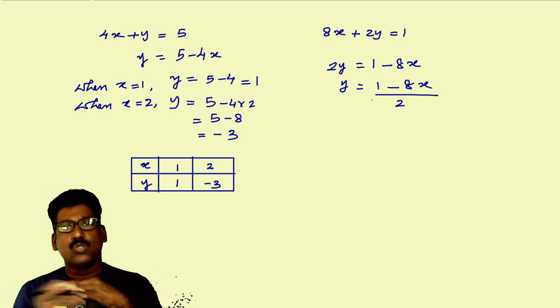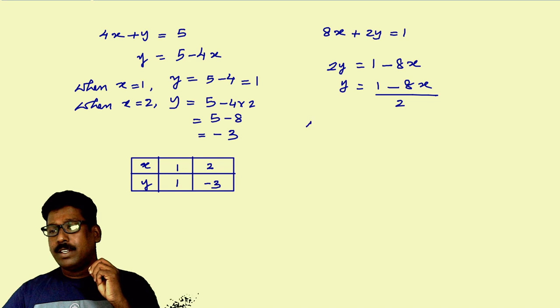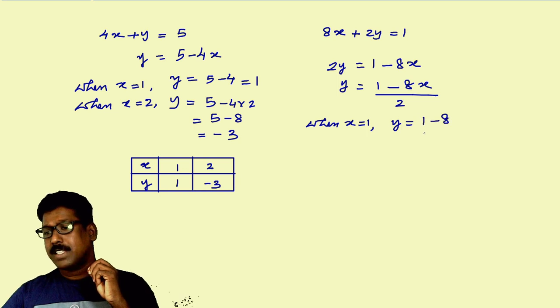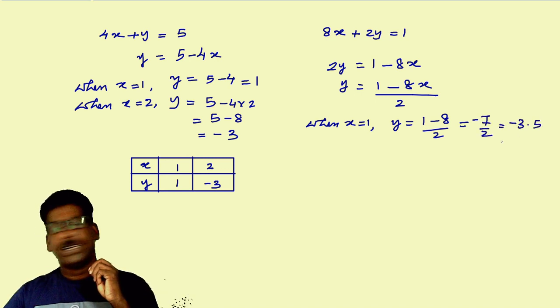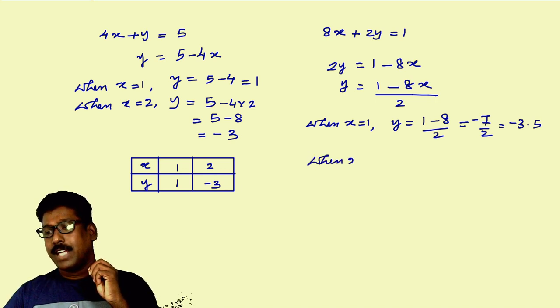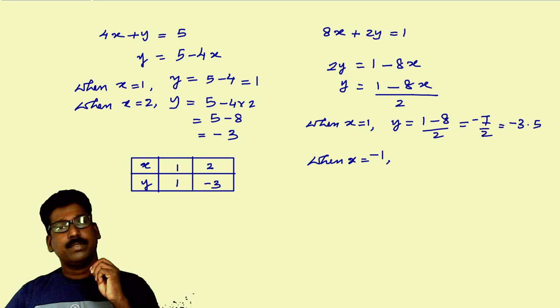Now take some values for x. When x is equal to 1, what is the value of y? That is 1 minus 8 by 2. 1 minus 8 means negative 7 by 2, which is negative 3.5. Now what is y when x is equal to negative 1?